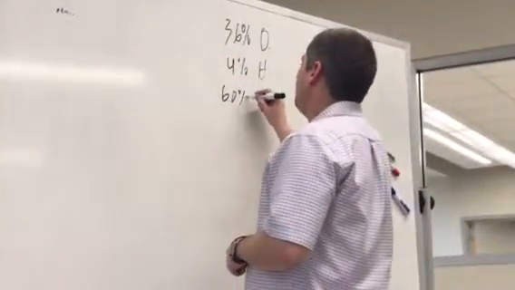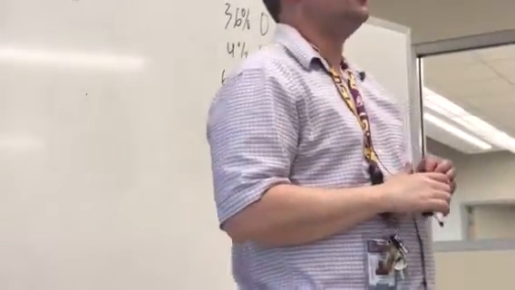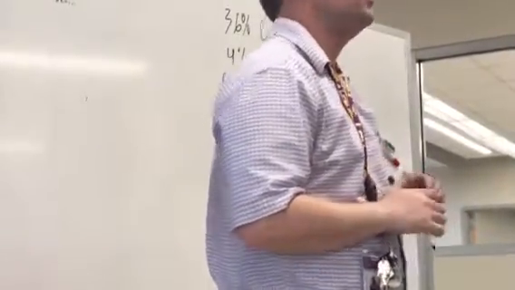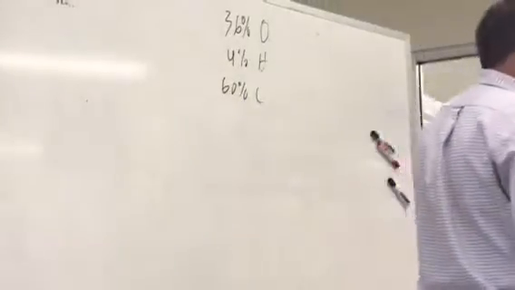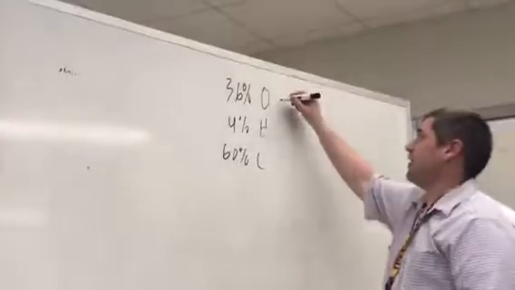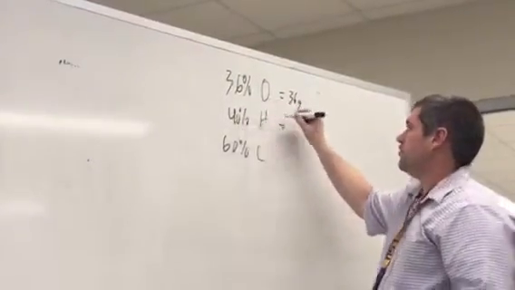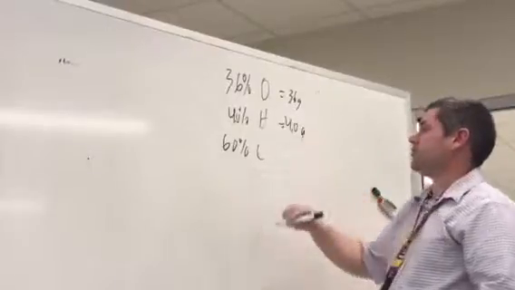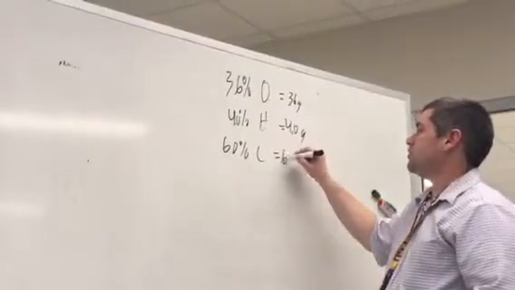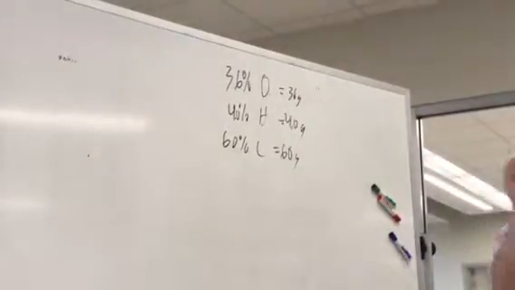How will I go about calculating the empirical formula? Do you guys remember my first step here? You have to change the percent to grams, so that equals 36 grams, 4.0 grams, 60 grams. You don't move decimal places. Just keep them in grams.